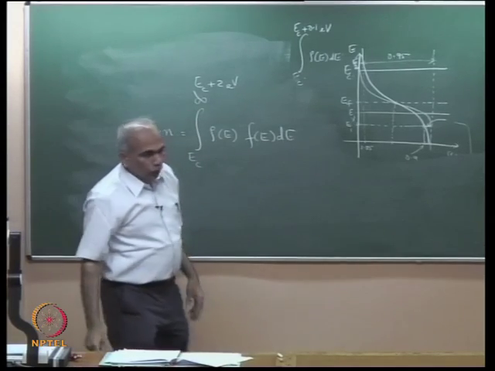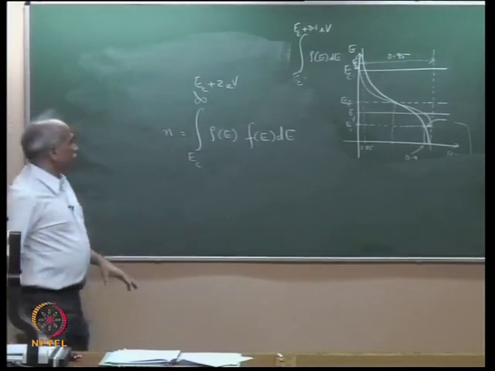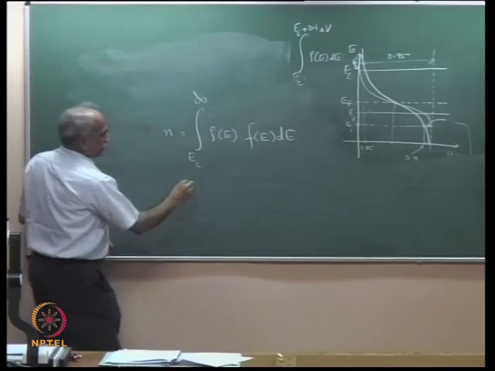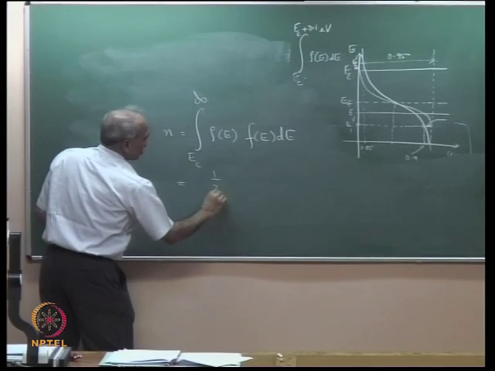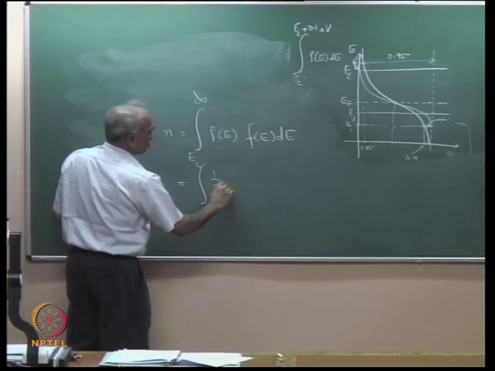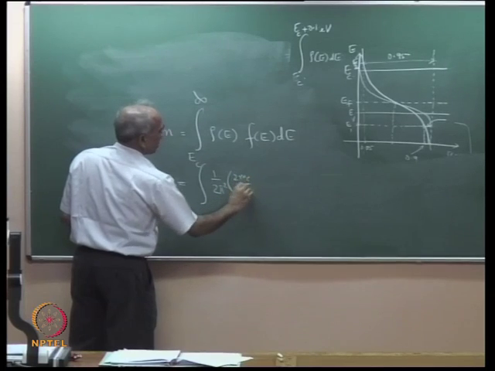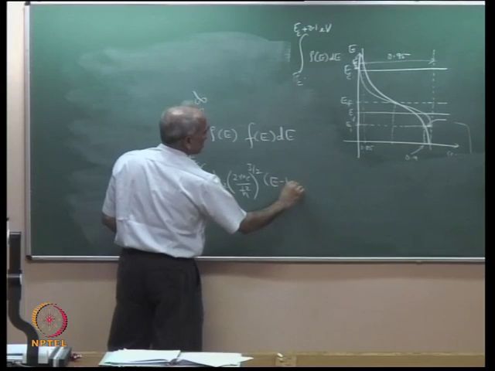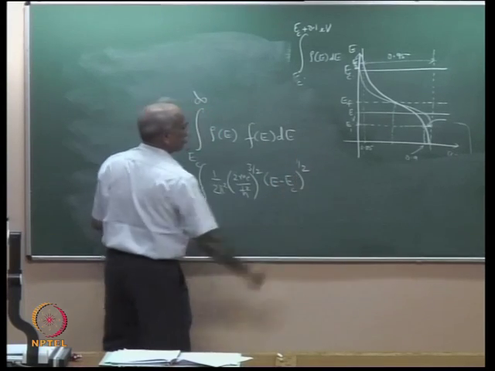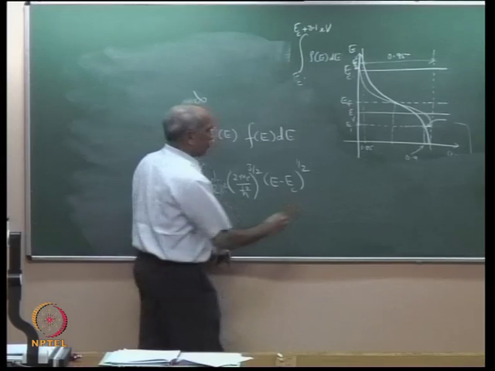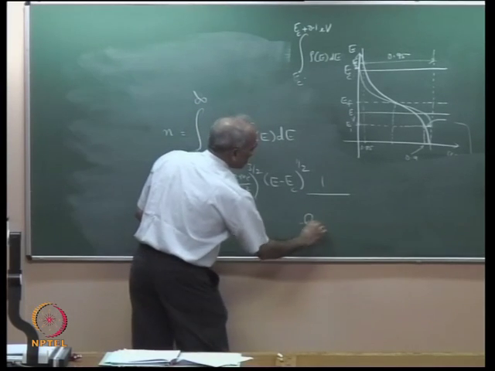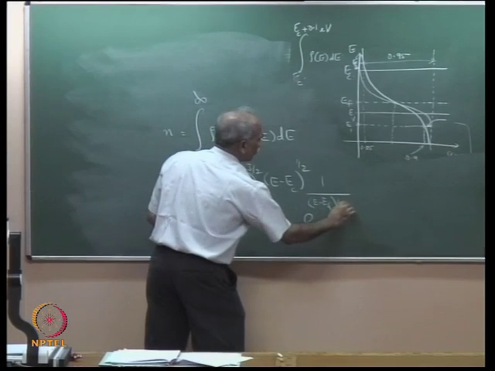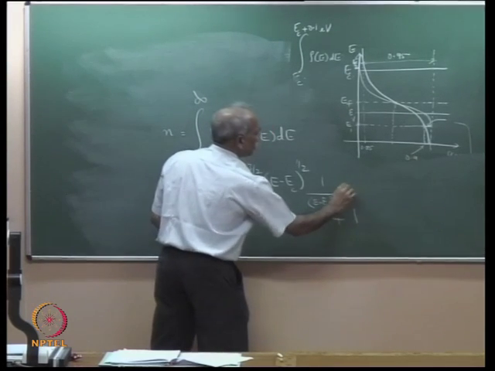That is why I am writing the total number of carriers in the conduction band as n is equal to the integral from EC to infinity. So substitute here rho of E: 1 over 2 pi square, 2 mc by h cross square to the power 3 by 2, into E minus EC to the power half, into f of E, so 1 divided by e to the power E minus EF by kT plus 1, dE.